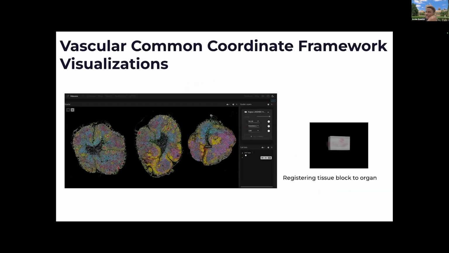So in the context of the vascular common coordinate framework visualizations, we are collaborating with Katy Börner and her group, so we can measure the distance of each cell to the nearest vasculature.